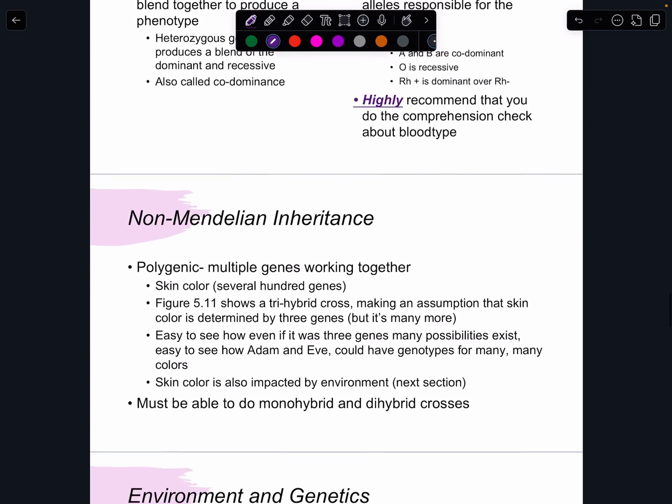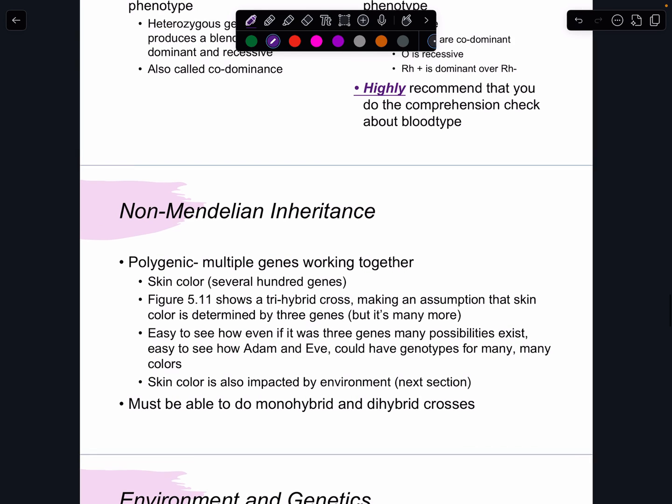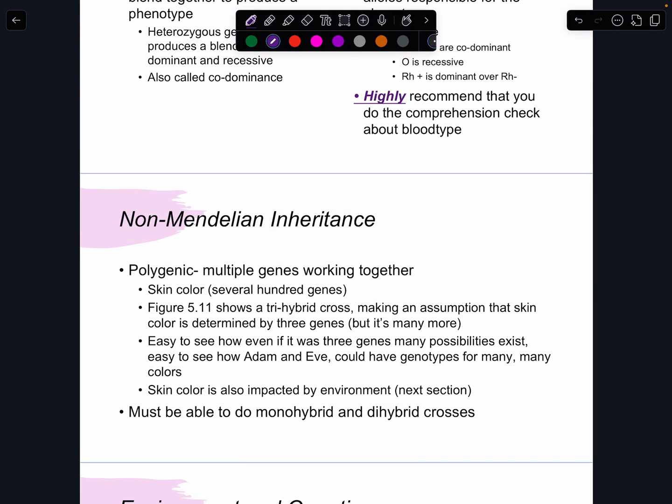Okay, so one last thing to talk about in non-Mendelian inheritance is polygenic. This is multiple genes working together. For example, skin color. If you look on page 142 in figure 5.11, there's a hypothetical Punnett square for skin color. This is assuming there were only 3 genes working together for skin color.